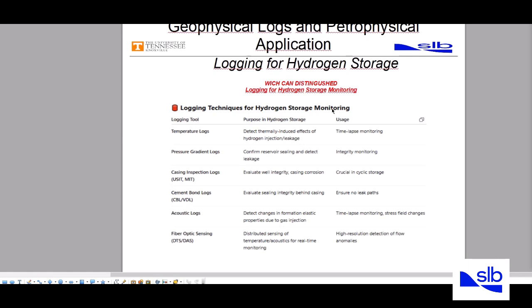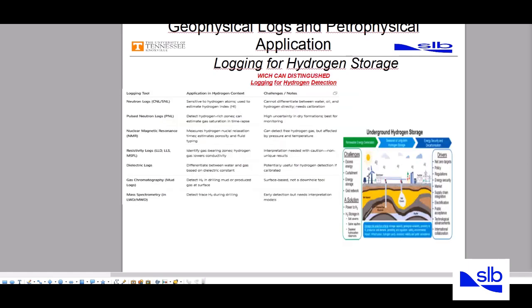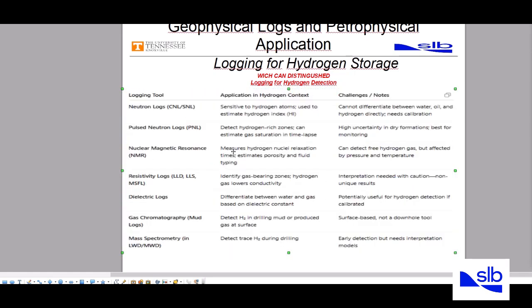These are other log techniques for the storage. What I showed you first is principally linked to the exploration of natural hydrogen resources, which is called white hydrogen.